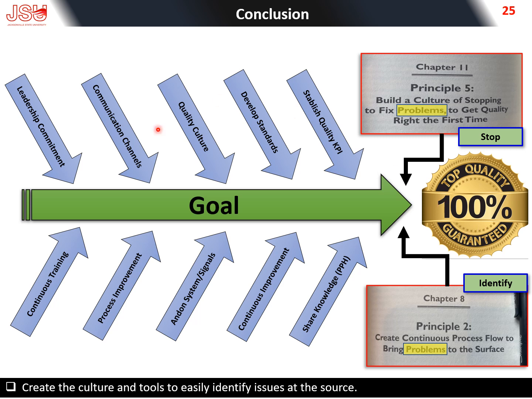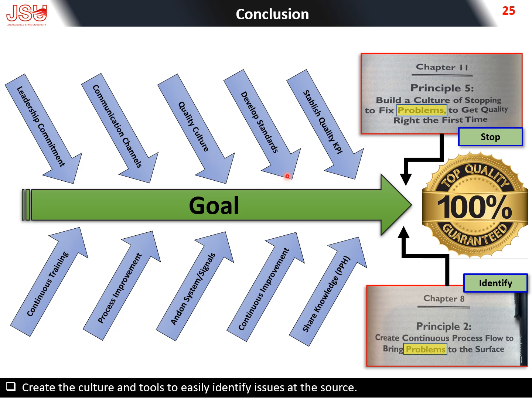So some of the strategies to achieve this common goal start with a leadership commitment to a culture of quality, and communication channels, which communication has to be consistent and clear for all levels of the organization. Create a quality culture from the top all the way down.